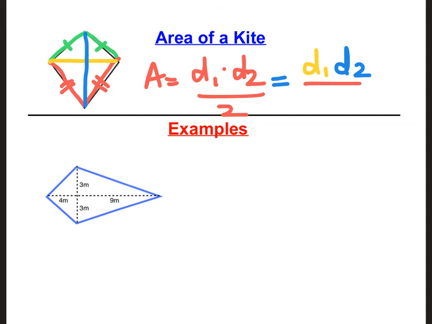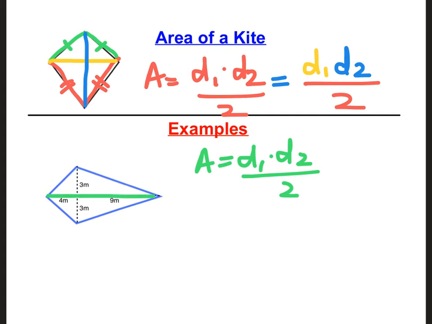And then we'll divide the whole thing by 2. Now, the red doesn't really mean anything right now. I just don't have black as an option. Again, you could flip-flop D1 and D2, so I could do my yellow one as D2 and my blue one as D1. It doesn't matter. But you do need that entire length. So for my problem, we have area equals D1 times D2 divided by 2. My first diagonal is this whole green line.